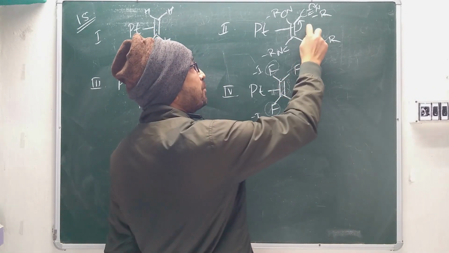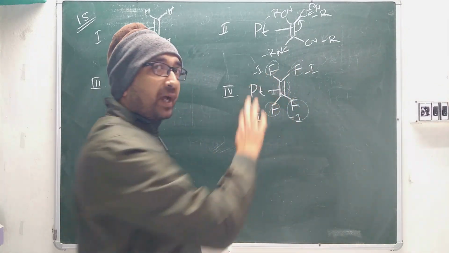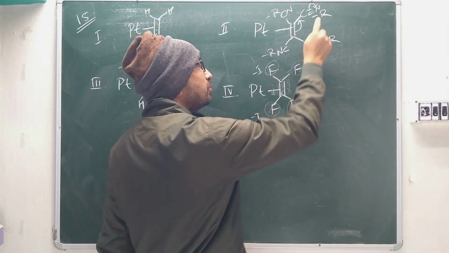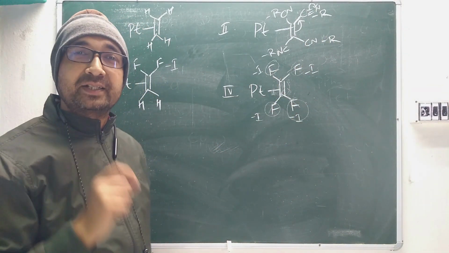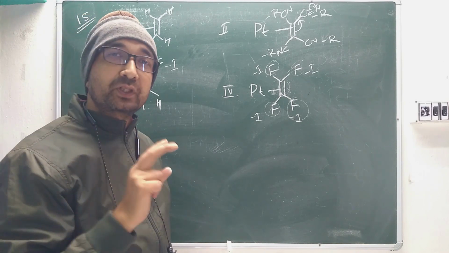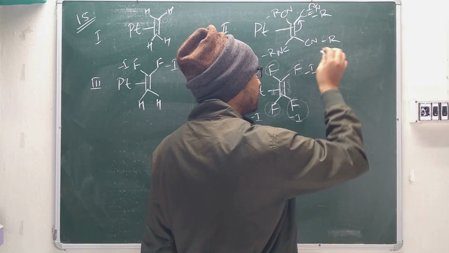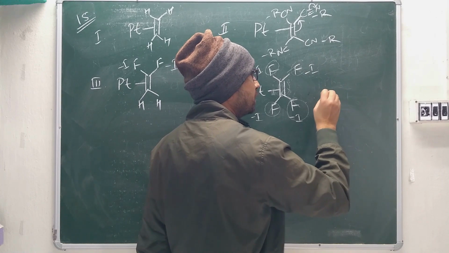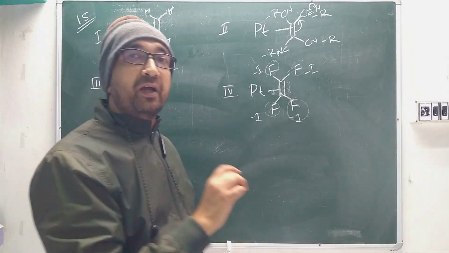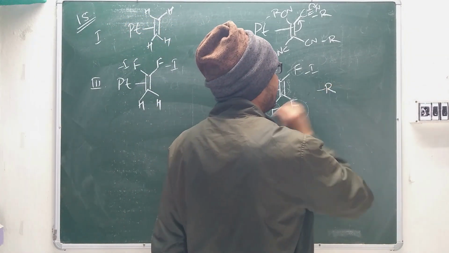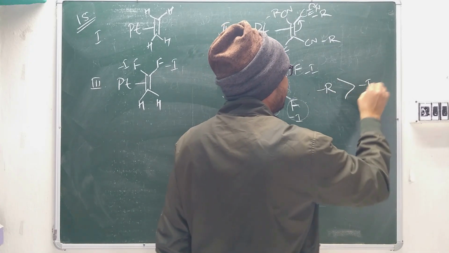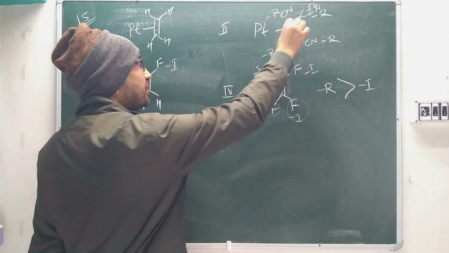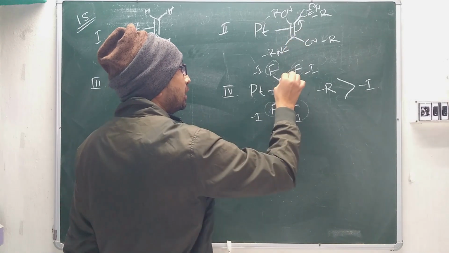Likewise, here it is due to the minus I effect, but here it is due to the minus R effect. If both minus I and minus R are present, which one do you give priority? You have to give priority to minus R, and then minus I. So in this case this bond length will be more compared to this.